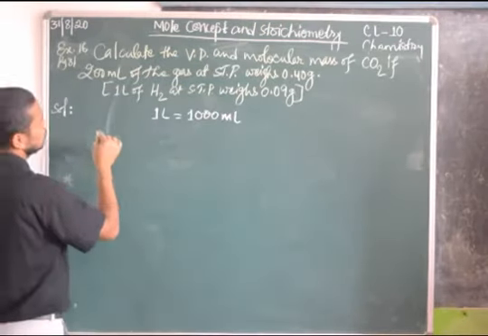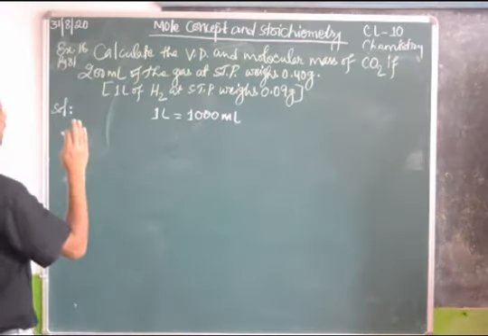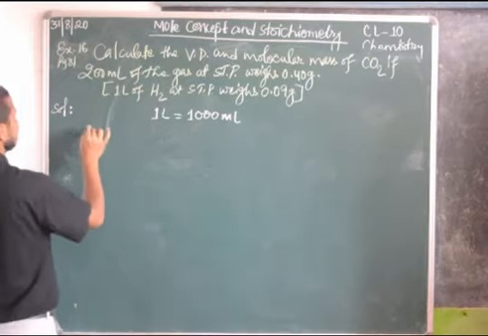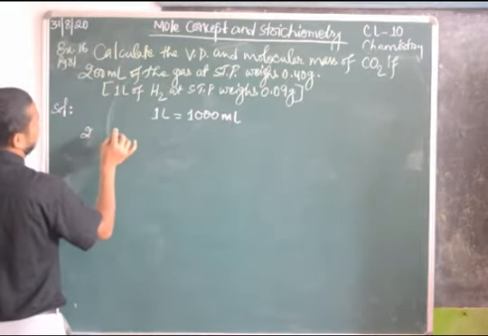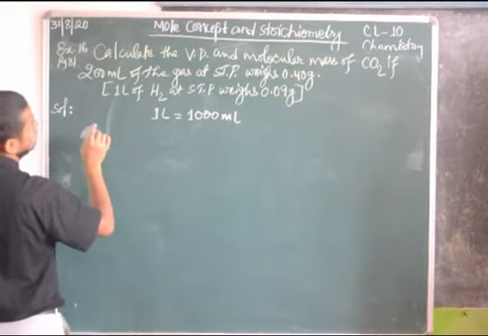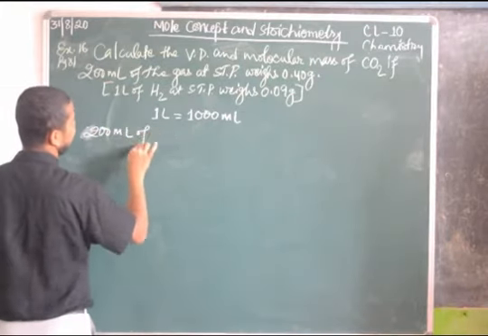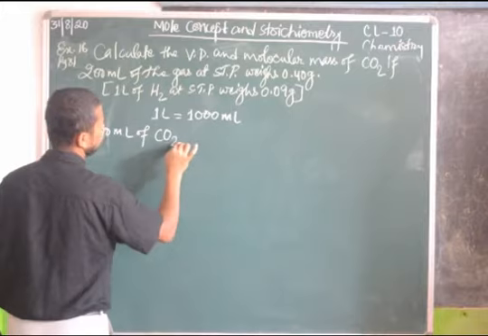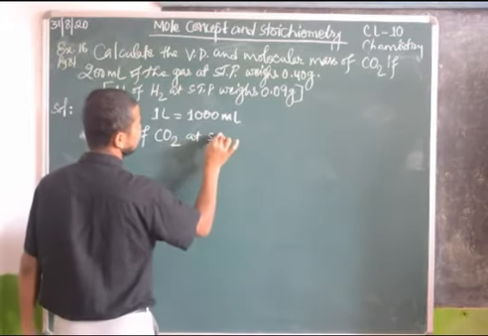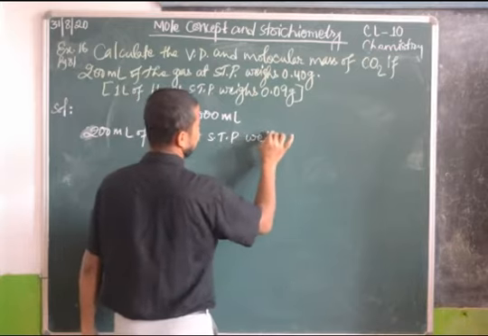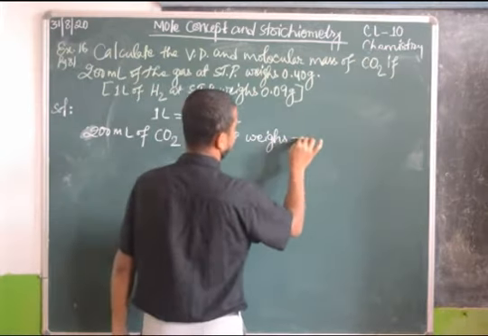Now what will we do? We have to find mass of 1000 ml of carbon dioxide. So you will be writing here, 200 ml of carbon dioxide at STP weighs how much?